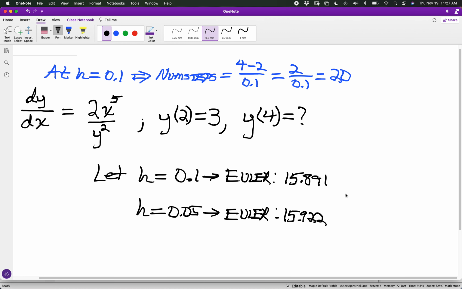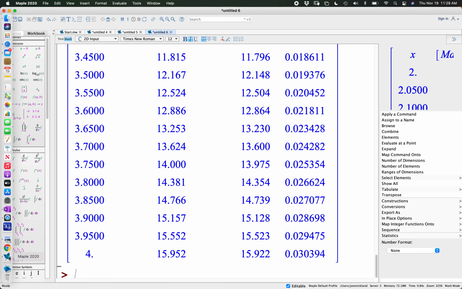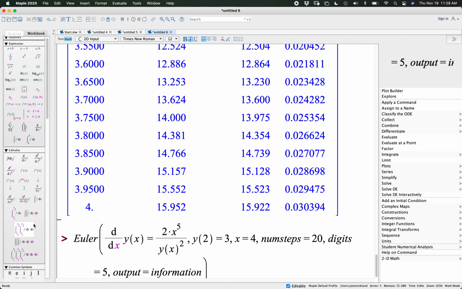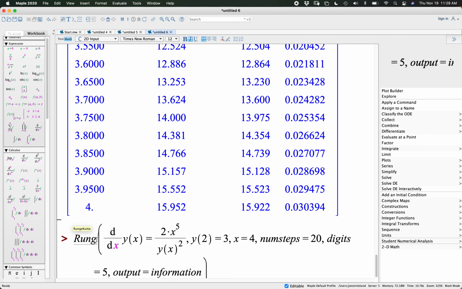Okay. Now, in terms of the improved Euler, I'm just going to say IE, IE for improved Euler, not industrial engineering. Okay, so for the improved Euler, for your opening statement, the opening word is not Euler, but Runge-Kutta.